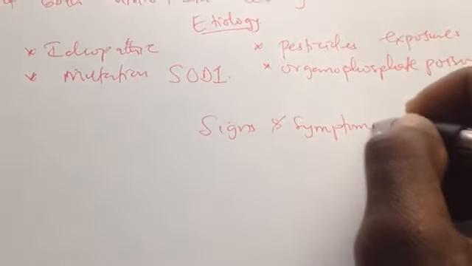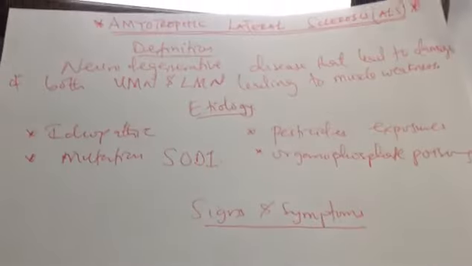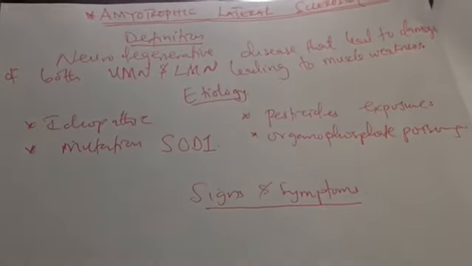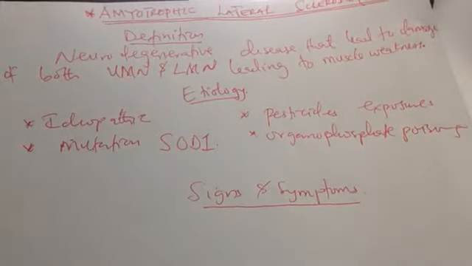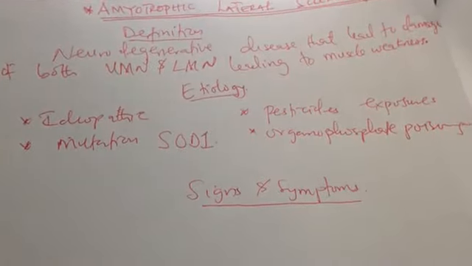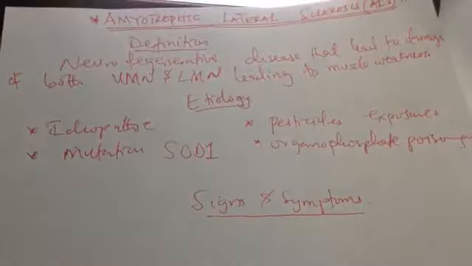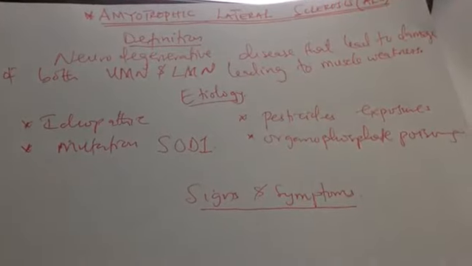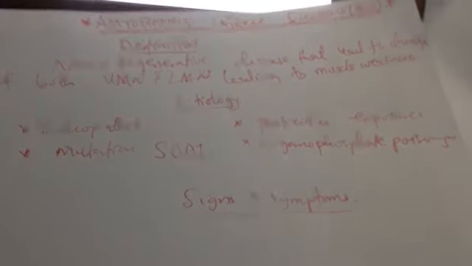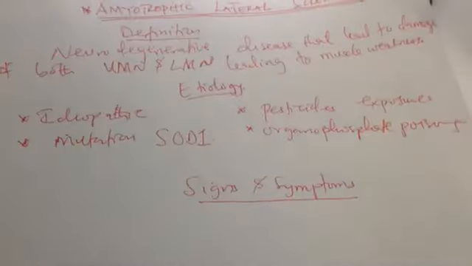We have to really know that the upper motor neurons and the lower motor neurons that are damaged supply the cranial nerves and spinal nerves. So it may be either a cranial nerve problem or a spinal nerve problem. Not necessarily only cranial nerve or only spinal nerve, but both are affected.